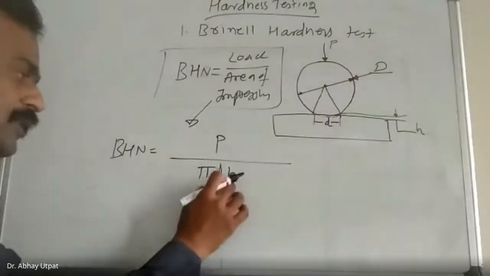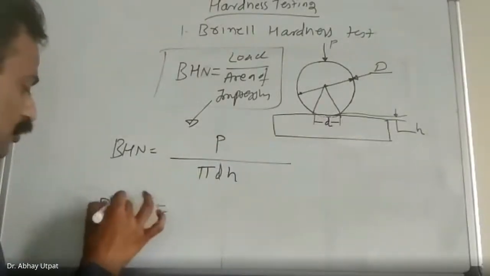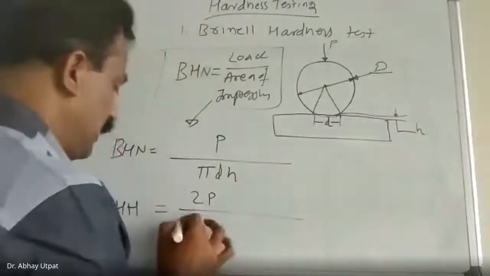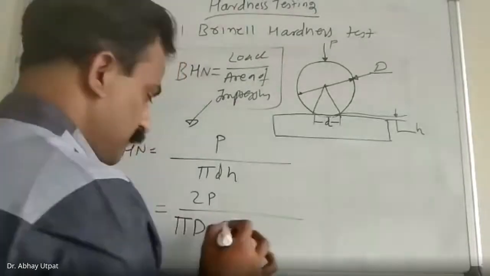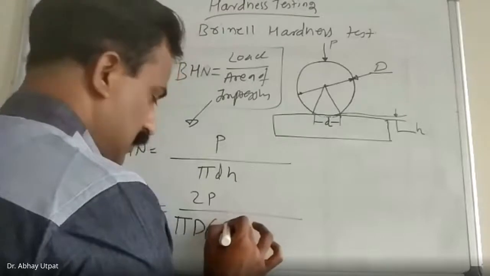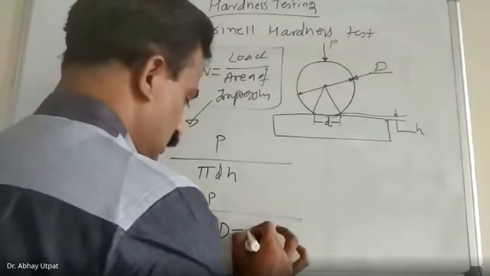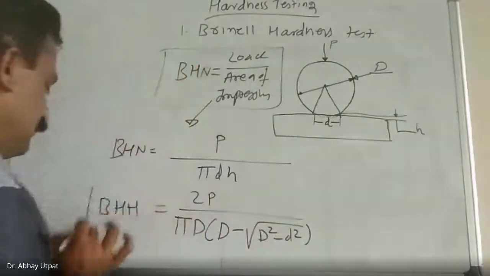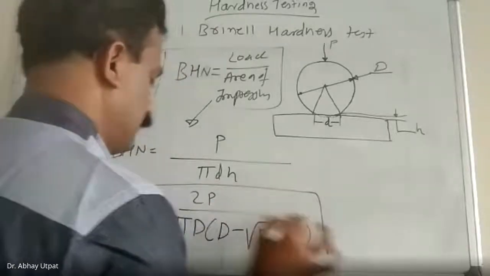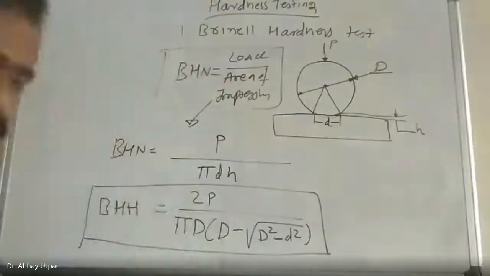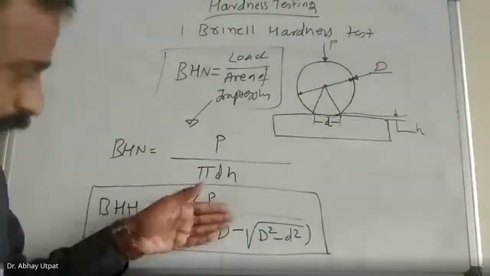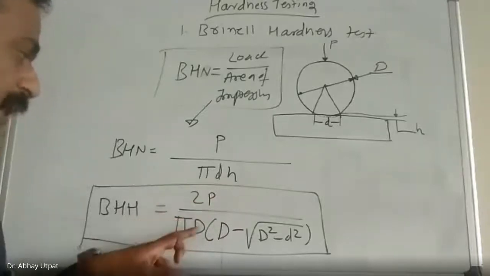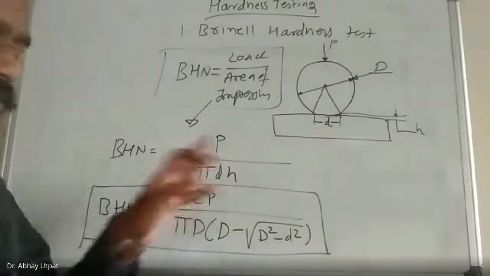If you put the value of h, the final formula is 2P upon pi D in bracket, D minus square root of D square minus d square. Now you will ask from where this 2 comes. This 2 comes from the denominator. After solving this, we got the equation: BHN is equal to 2P upon pi D (D minus square root of D square minus d square).